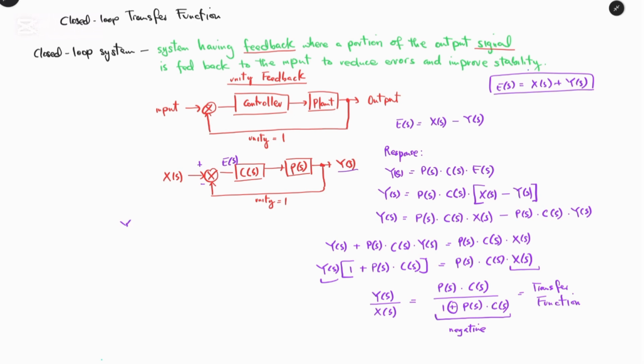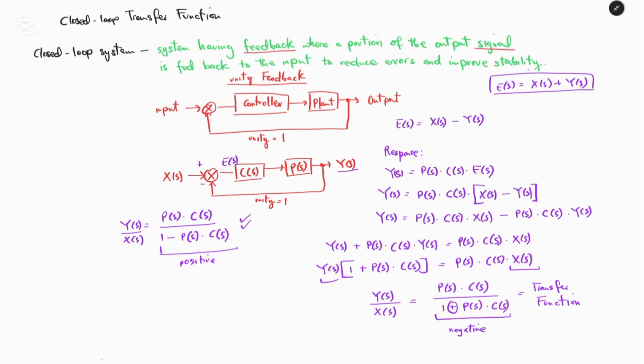The transfer function should be equal to P of S dot C of S over 1 minus P of S dot C of S. So this can represent our positive unity feedback system. You can try this to prove to yourself that you can get this, which represents the unity feedback. And this is how they derive the transfer function for a unity feedback closed loop control system.